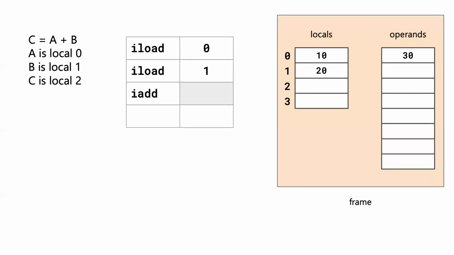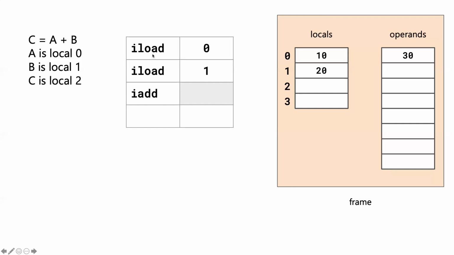I'm going to back up a slide just so I can show that before we did the iadd, we had our 2 operands on the stack. When iadd was executed, as part of a single instruction, it removed those 2 things off the stack, added them together, and then pushed the result on the stack.